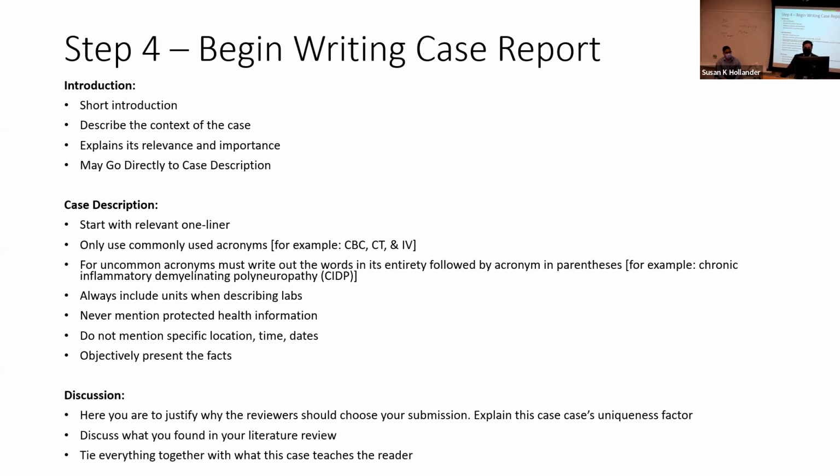And then for uncommon acronyms, I mean, I've had a few patients that had chronic inflammatory demyelinating polyneuropathy, but I don't think I would know if you just threw CIDP in my face and asked me what it was, I would have to probably Google it. So uncommon acronyms, the first time you use them, you should write them fully out, and then you should put them in parentheses. And then thereafter, for the rest of the write-up, you could use CIDP to minimize your word count. Whenever you're talking about lab abnormalities, you need to always mention the units.